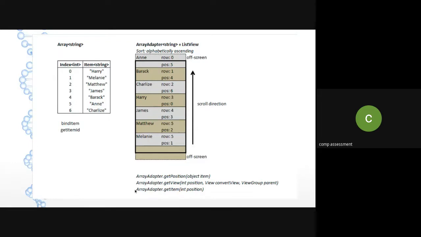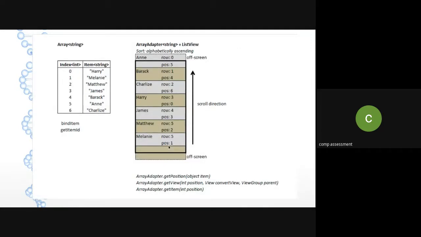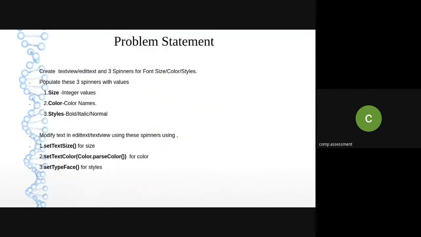And whatever you get by using onAtomSelected or these methods, you can pass it as a parameter to set text size, set text color, and set font. Okay, so in this way, you can use array adapter for dynamically implementing the text editor.